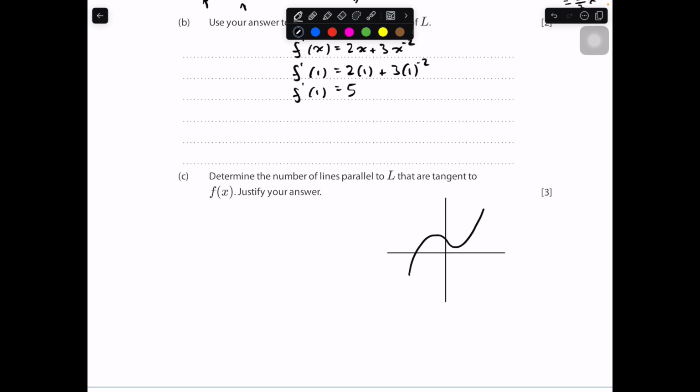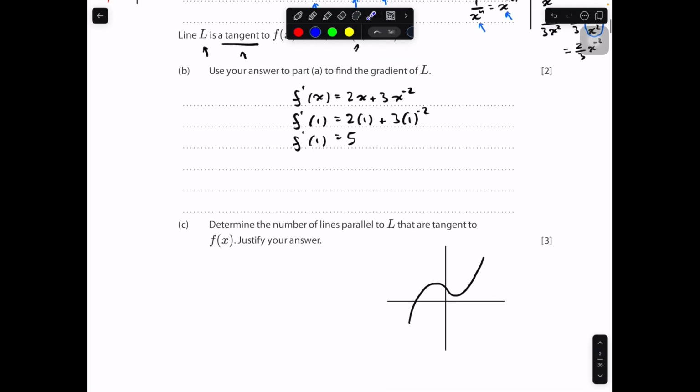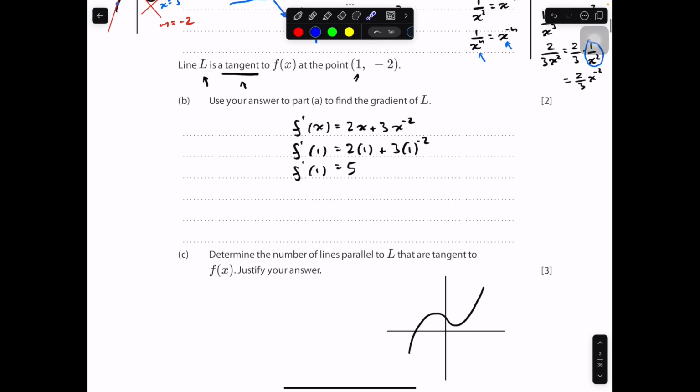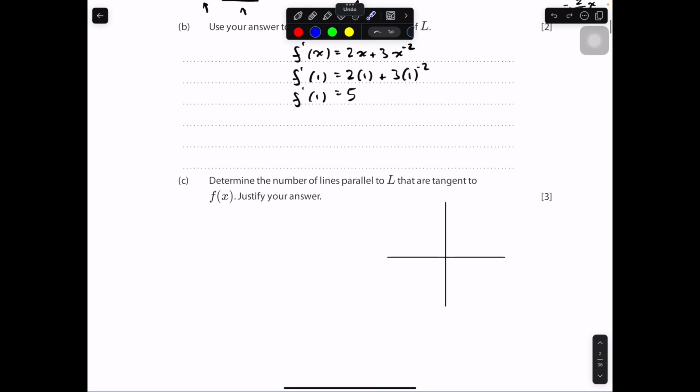And we've found this point when x is equal to 1 and y is equal to -2. And we found the slope of this tangent line. And we said, okay, well, the slope is equal to 5.